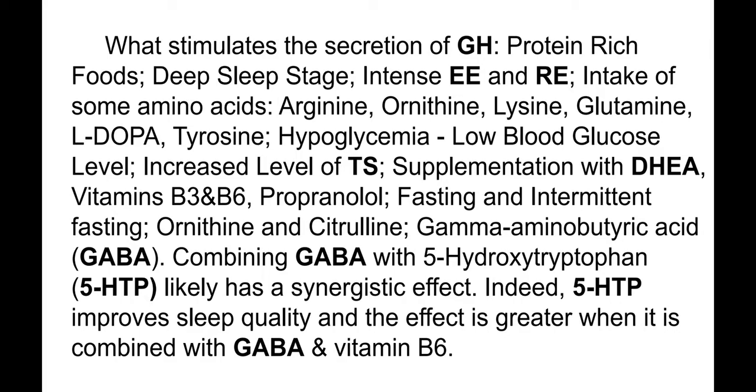You can read it yourself from the presentation. Also, it is important to have a low blood glucose level. So it is hypoglycemia. Hypoglycemia, so a low blood glucose level, ignites release of growth hormone.